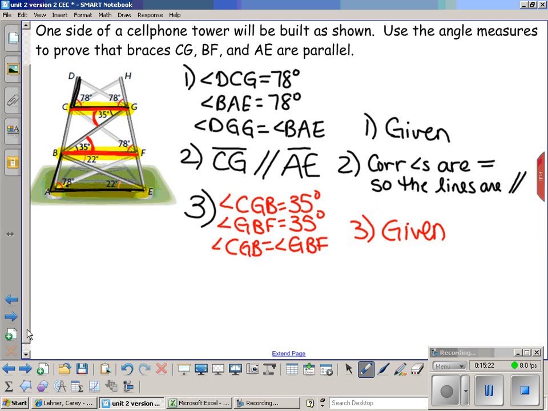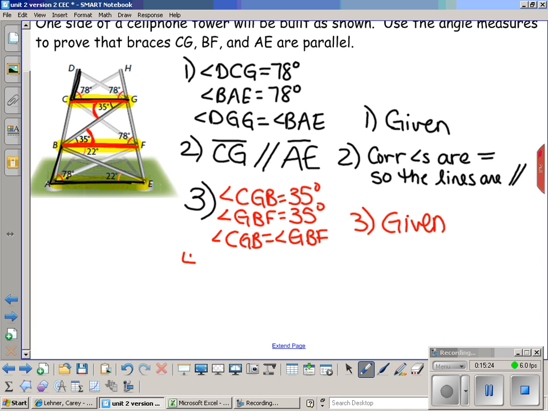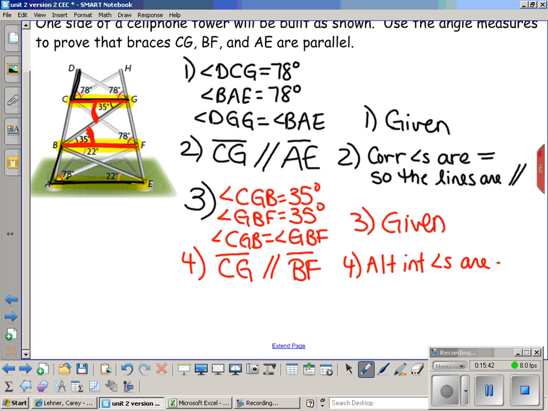It's simply given. But because these are alternate interior angles, we can state that CG is parallel to BF. And the reason is alternate interior angles are equal, so the lines are parallel.